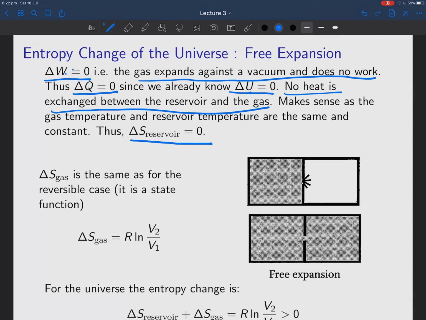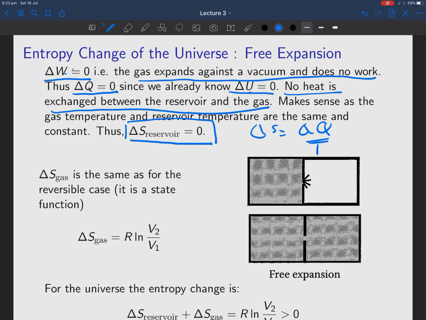And because no heat is exchanged, the entropy change of the reservoir must be 0. The reservoir is not giving up any heat, so its entropy change must be 0, because dS is dQ on T. Now, dS gas is the same as for the reversible case.